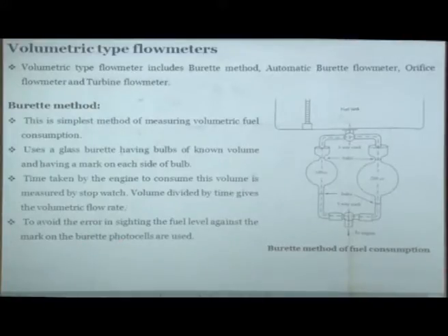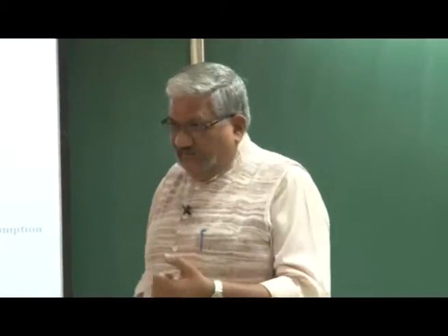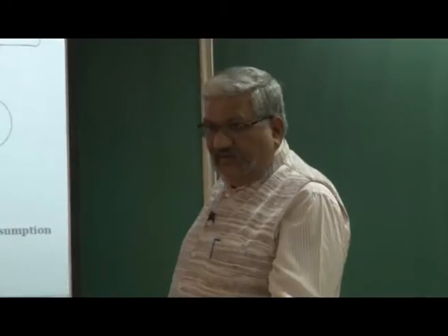Basically what is done is, if you want to automate this automatic burette, you put a photocell here. The photocell will be throwing the light. As soon as the level dips below, it will give a signal. So, you know what time it has started, and similarly what time it has stopped. So, one photocell here, and that way the manual response time, because when you see and when you press the stopwatch, there could be difference, manual error.